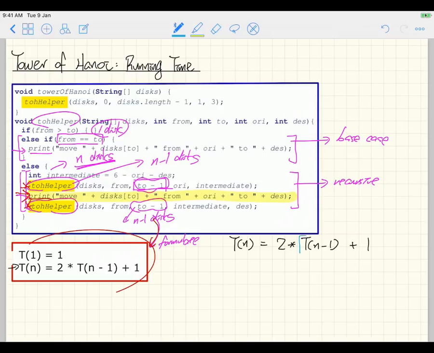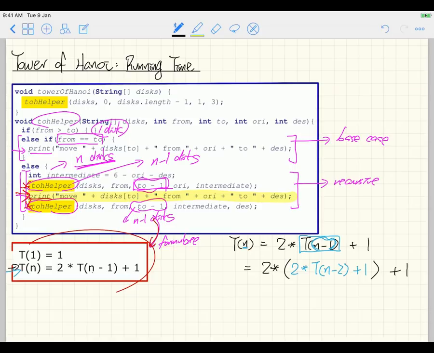I want to unfold this particular term. Now you can see that rather than n, it is going to be n minus 1. By applying this equation, what's that going to be? 2 times T of n minus 1 minus 1, which is n minus 2, and then plus 1. Then the original one is simply like this.